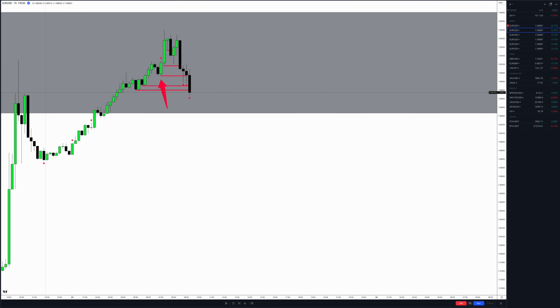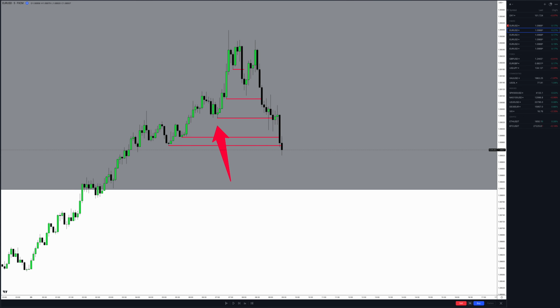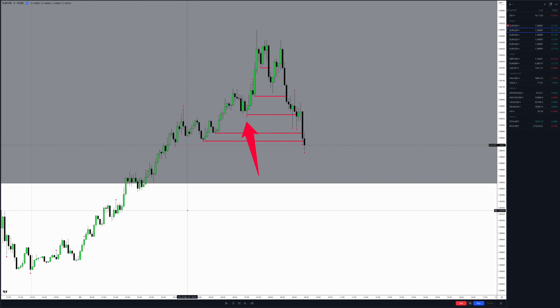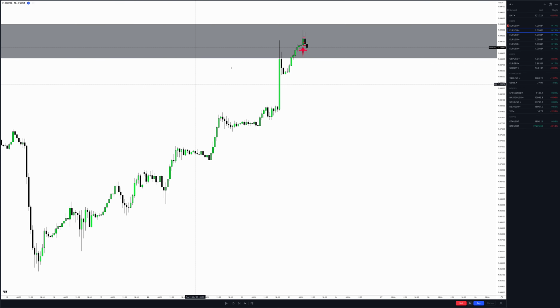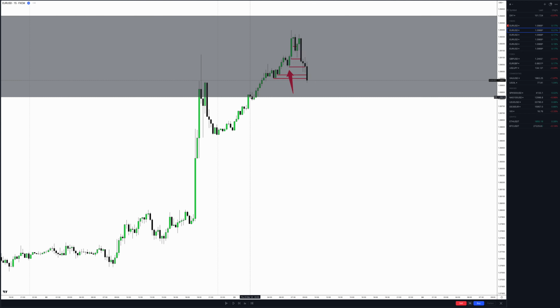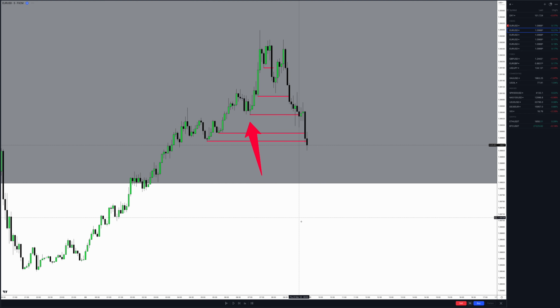Okay, and that's what I do to allow myself to get in shorts, because let's face it, even though now you see an H4 raid, the momentum is still bullish. The trend is up, is bullish. There's no doubt about this. But I'm allowed to go counter because there are multiple M5 BMS and then a real M15 BMS. So let's see what happens.